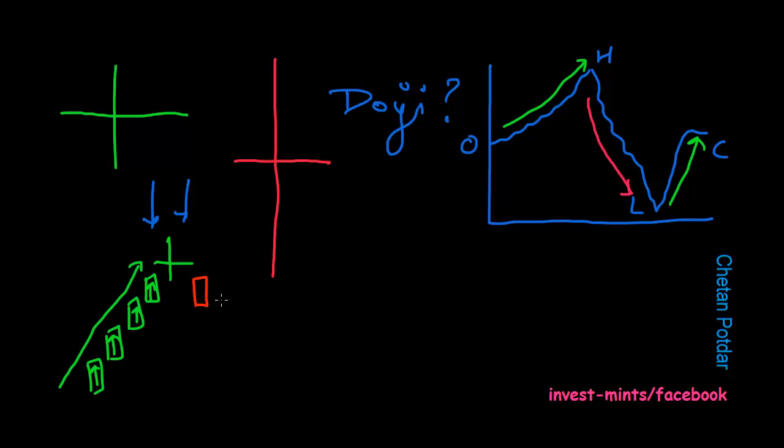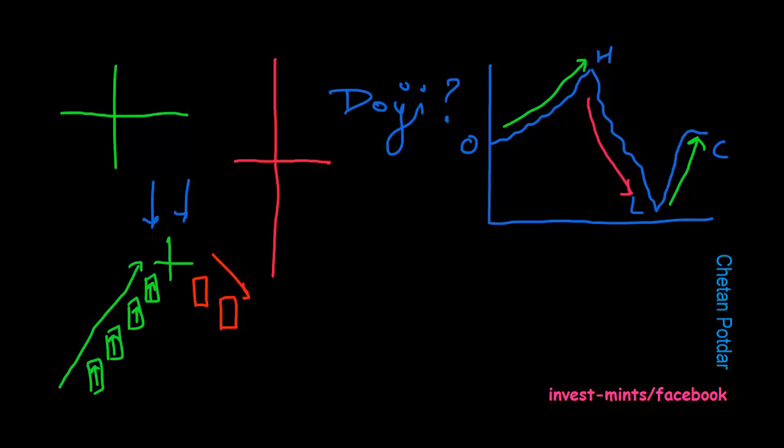This is how the formation would look. So this is where the bears are in control. Lot of bulls start taking profit here, and because there is less demand and more supply, price starts turning around. So this is how a doji would look.